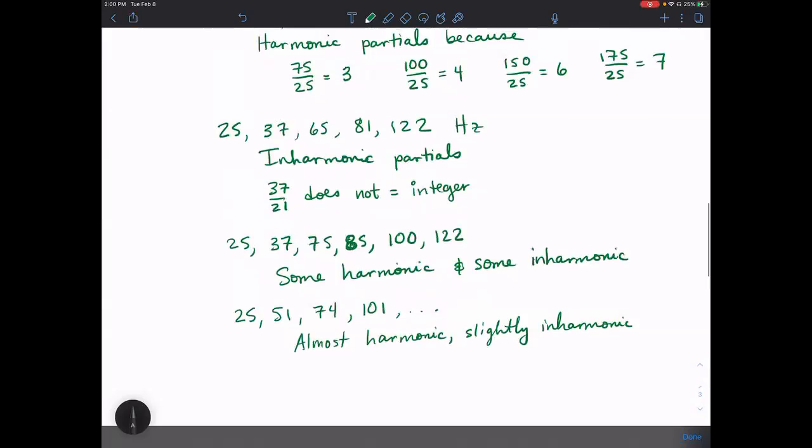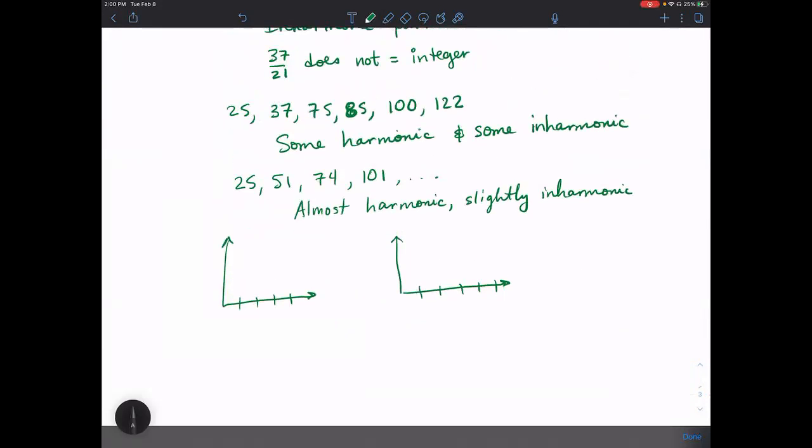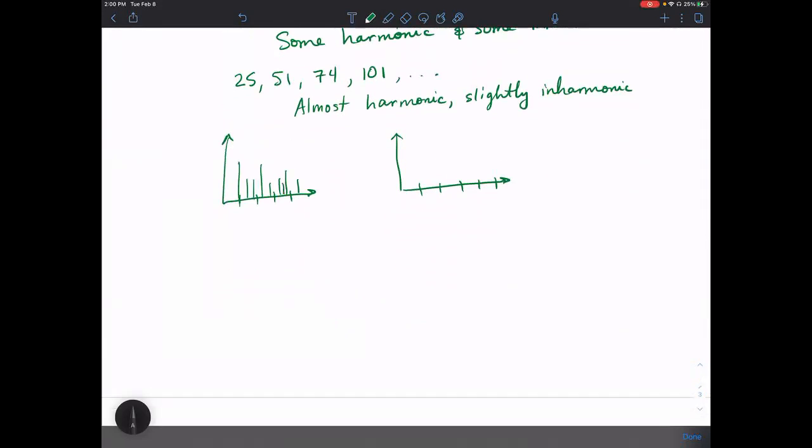If instead of a list, you are given a picture of a spectrum, just remember that the tick marks are evenly spaced. So if we had something like that, where they are not evenly spaced, if they're not the same distance apart, that would be an example of inharmonic partials.